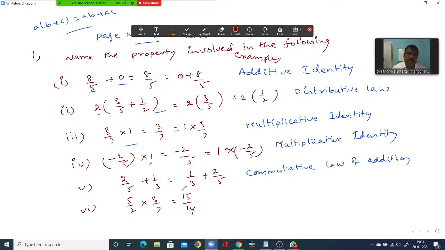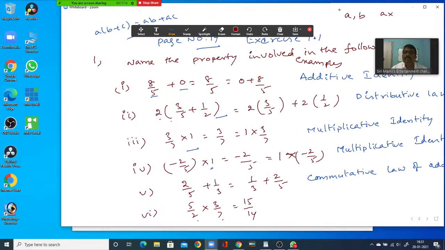So here this is a rational number, and when we multiply two rational numbers, we get a rational number. So we have to memorize that if a and b are rational numbers, then a into b is also a rational number.